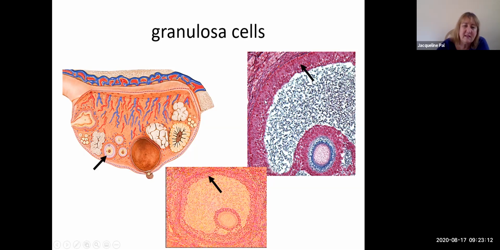You can see the size of all these nuclei for the granulosa cells and compare it to the size outlined here in blue or in this pale pink. That's the size of the oocyte. So the oocyte is huge by comparison.